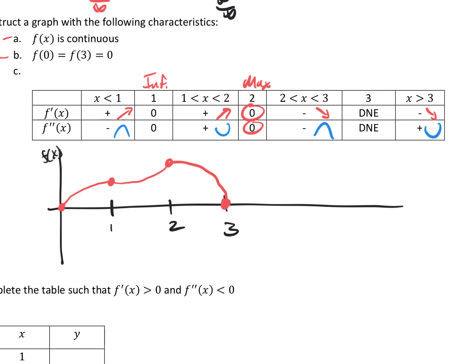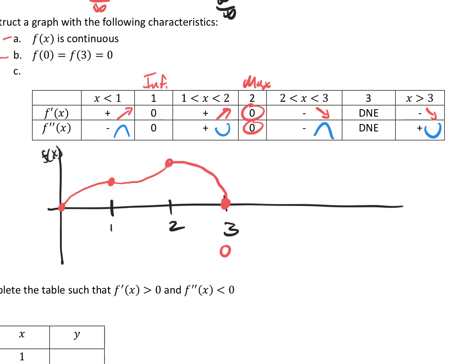This one down here: if that doesn't exist, the only way for this to really work is, well, it's not an asymptote, but it's going to have to be broken. If this doesn't exist, it's going to have to be a break. We know that f of 3 is 0, that's given to us.